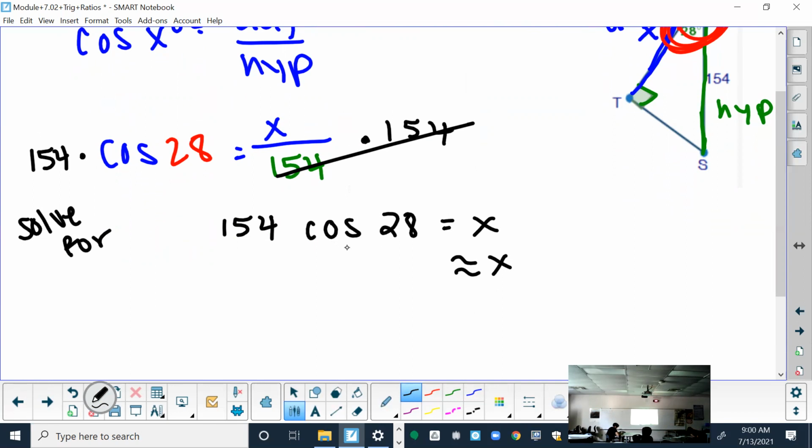If you entered it the right way and you rounded to the nearest hundredth, you should have gotten 135.97 units.